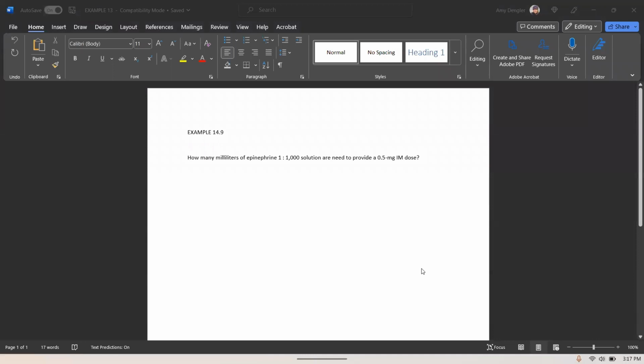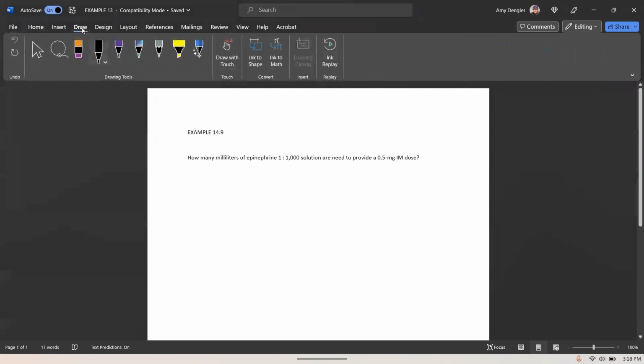How many milliliters of epinephrine 1 to 1,000 solution are needed to provide a 0.5 milligram IM dose? So that 1 to 1,000 means that we have, of course, 1 gram over 1,000 ml. And we want to find out how much is needed for 0.5 milligrams.